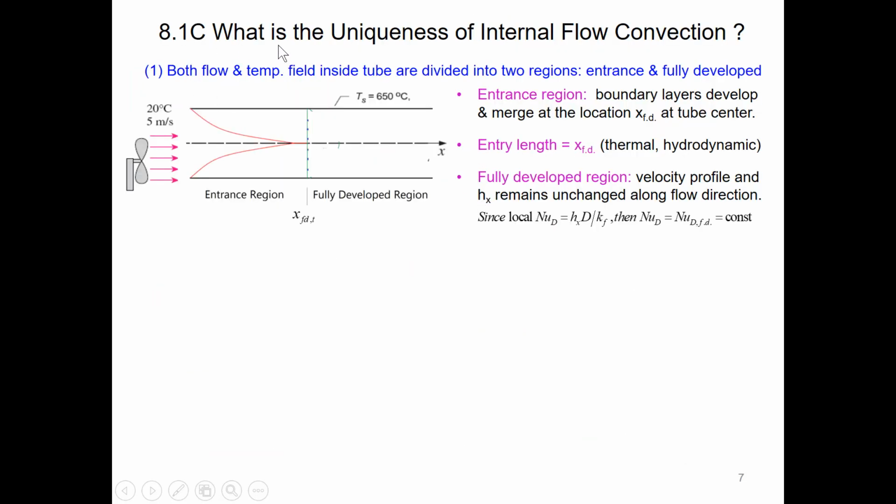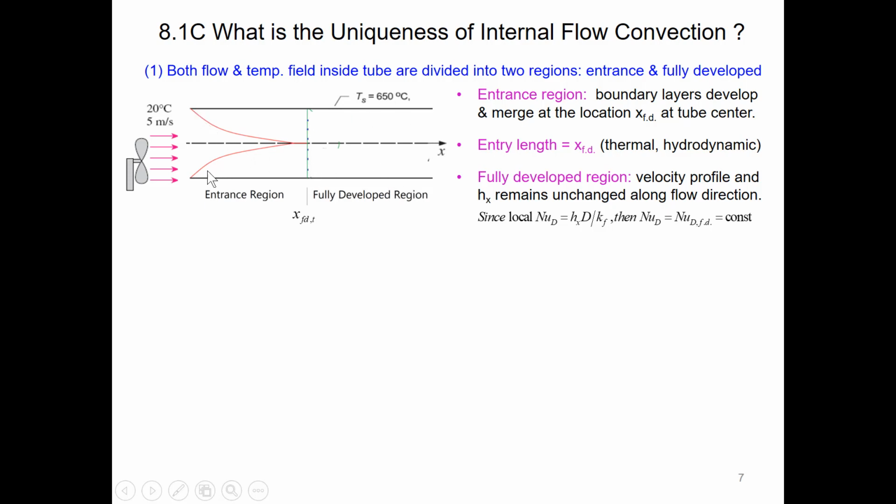C. What is the uniqueness of the internal flow convection? The first unique feature is that both flow and temperature field inside the tube are divided into two regions, the entrance region and the fully developed region.